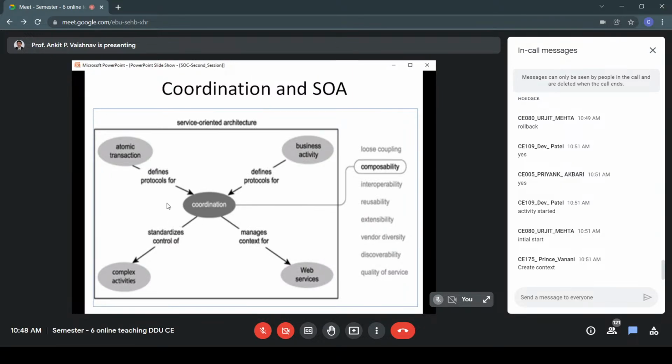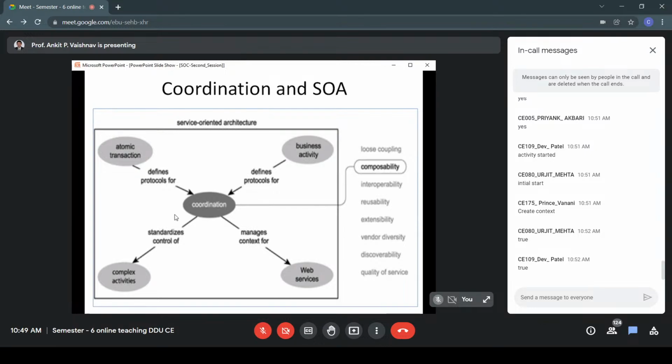So coordination, in terms of SOA, gives us composability. Is that correct to say? Coordination provides composability. If I give you this statement, is it true or false? It is true, right?